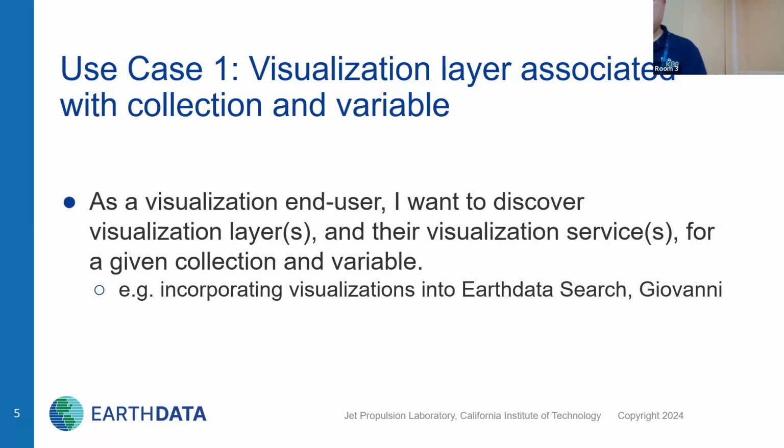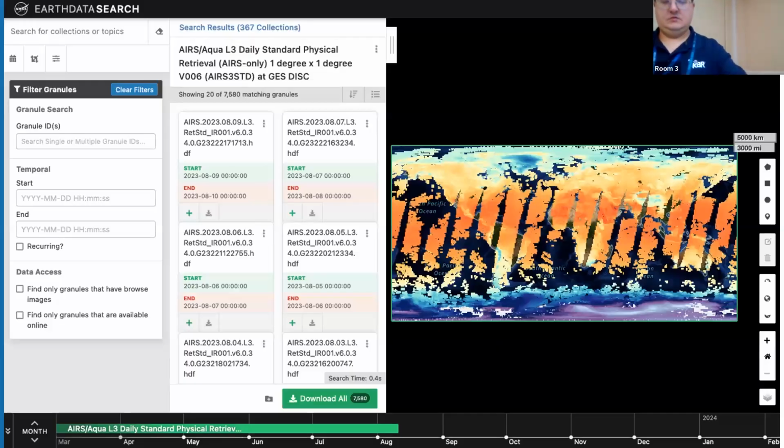Next slide, please. This is a visual capture of that kind of use case. On the left, you have the search, and then the user wants to find out what the corresponding GIBS visualization layer is. Next slide, please.